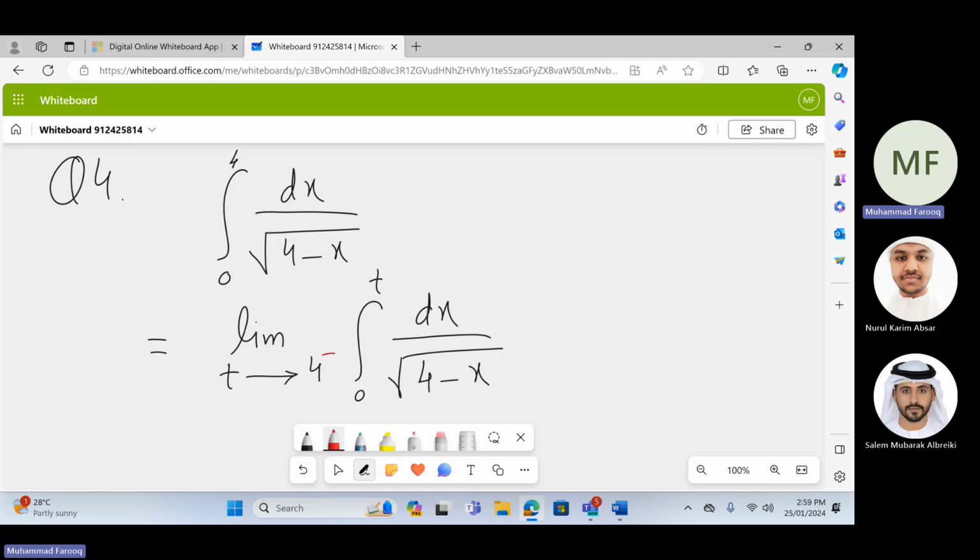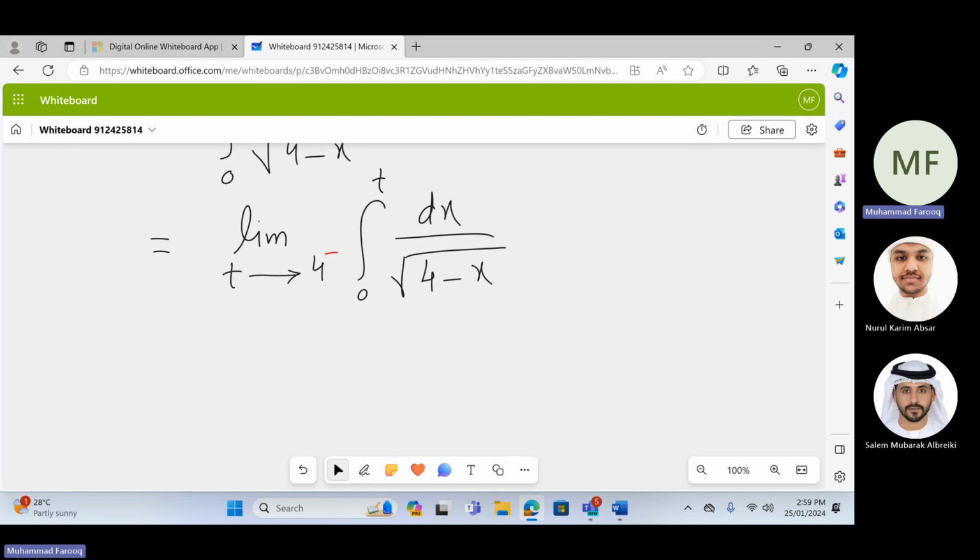Very nice. Rest is the same. Integrate and then apply the limit, please. So how do we integrate this one? When you differentiate, we have a negative sign.